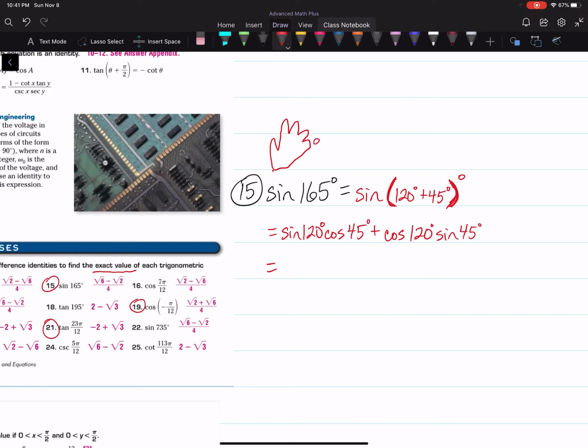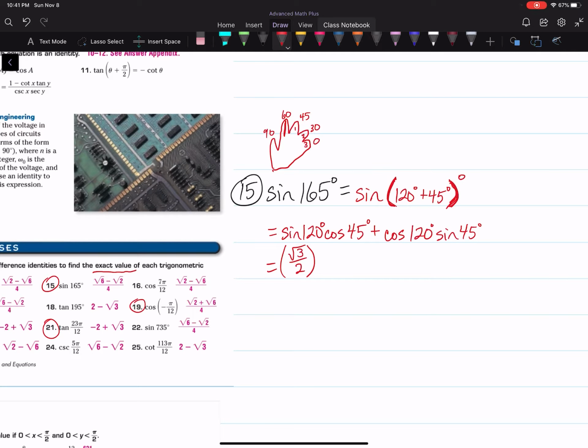So we got 0, 30, 45, 60, and 90. We're going to use this one, our pointer finger, and sine is the number of fingers to the right, so that's 1, 2, 3. So the sine of 120 is the square root of 3 over 2. Again, it's a lot easier if you just use your chart on the back of your cheat sheet.